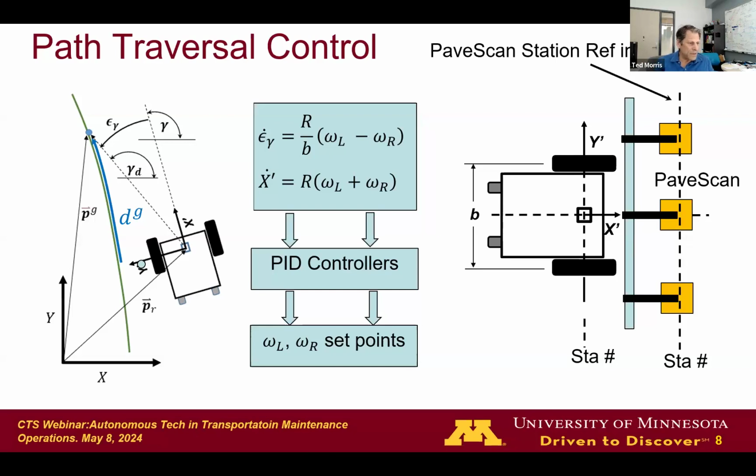And in any event, this goes through simple PID control, and you get the output set points of the left and right wheel speeds, what you want to do. There's things that are a little more involved in doing the actual traversals and multi-path traversals, but again, I'll leave the link for the final report.